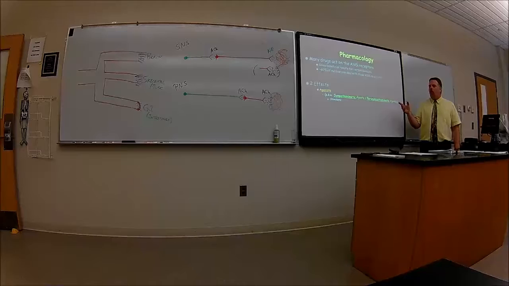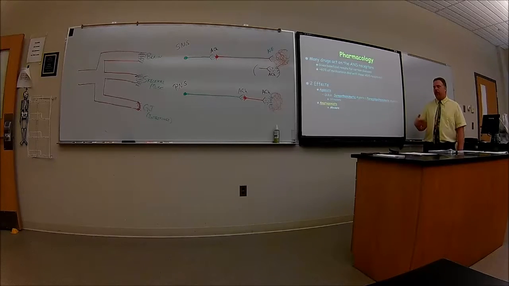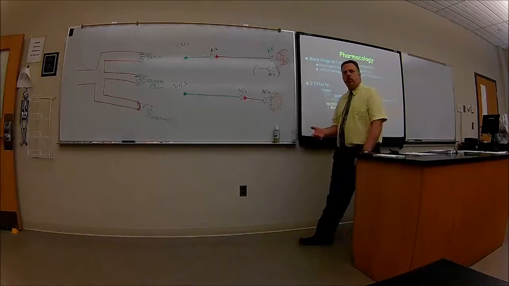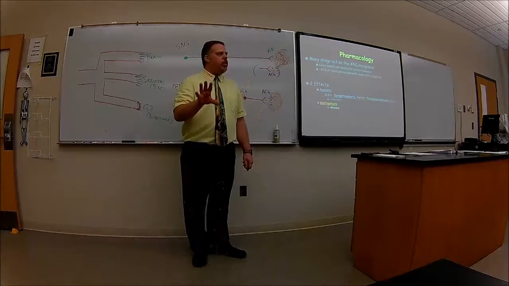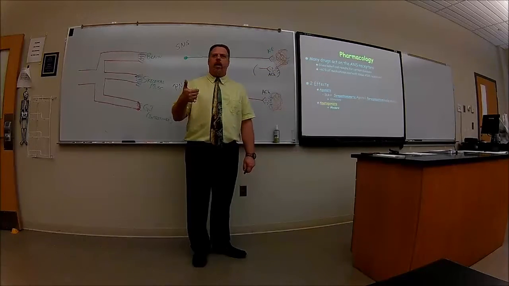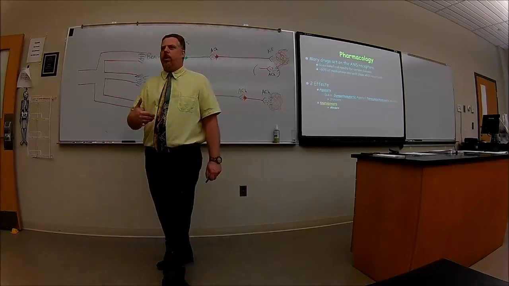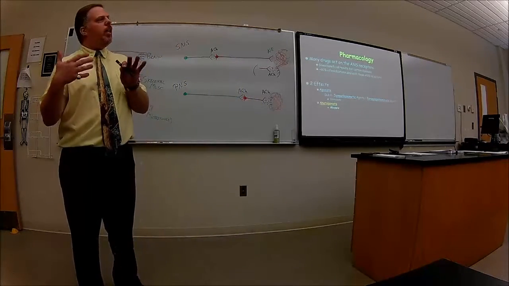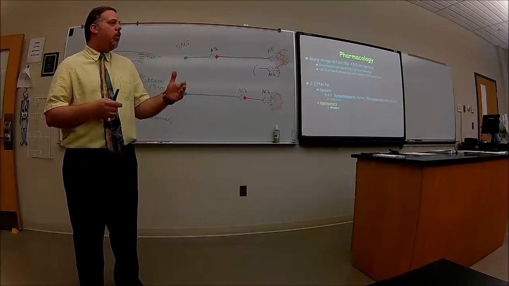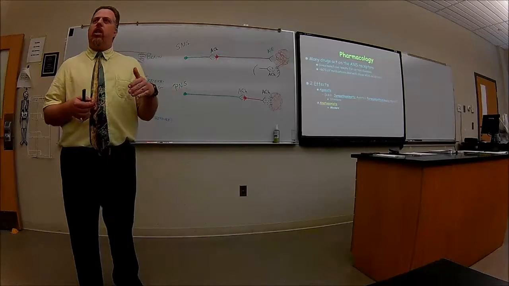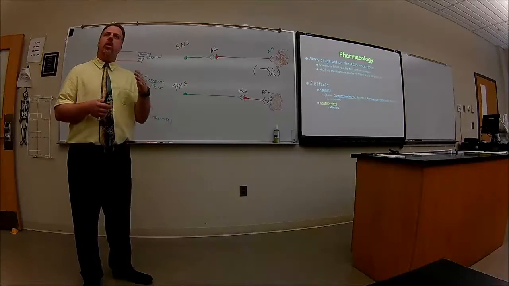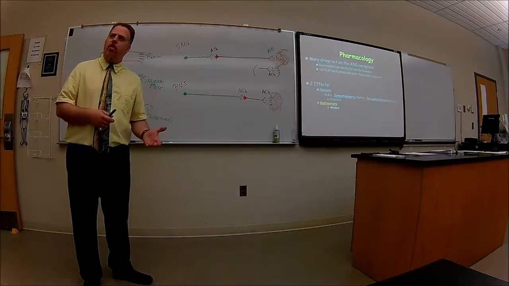Or the other effect is an antagonist. They're blockers. We're going to block the receptors. We're going to decrease the amount of norepinephrine getting released from the presynaptic membrane. So you're either going to have an agonist, something that's going to turn it on, a stimulant, or an antagonist, something that's going to block or inhibit it.